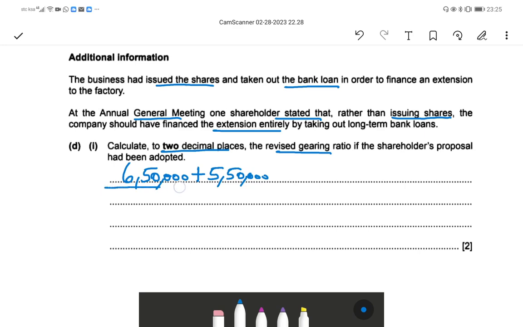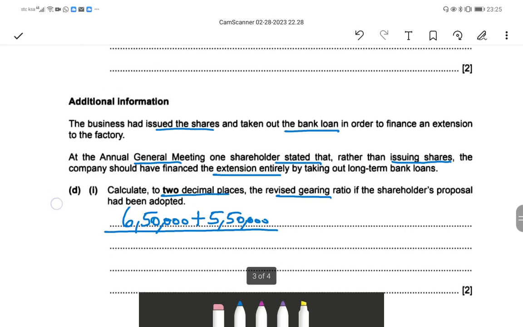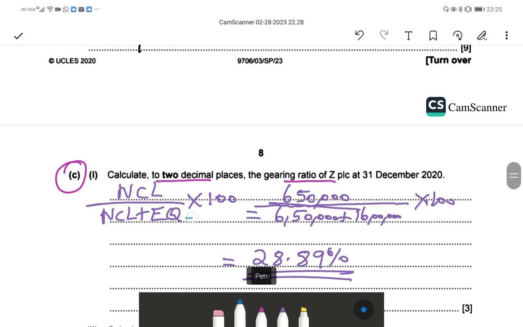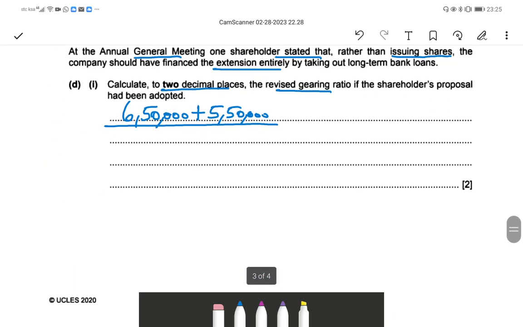divided by non-current liability plus equity. Non-current liability plus equity is equal to 650,000 plus 1,600,000, that is 2,250,000. Multiply by 100.